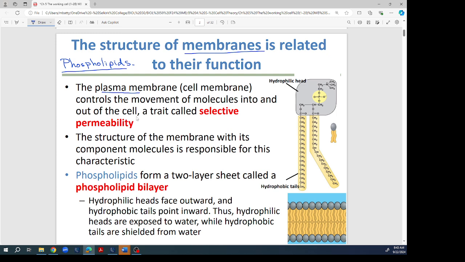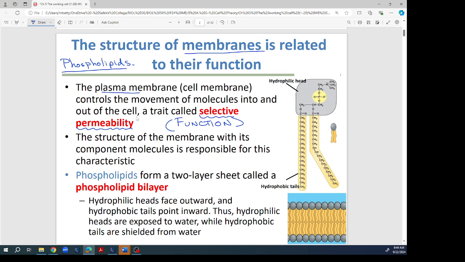Now, the function of the plasma membrane is to control what goes in and what goes out of the cell. And we call that selective permeability, not semi-permeability, but selective. It controls what goes in and what goes out.